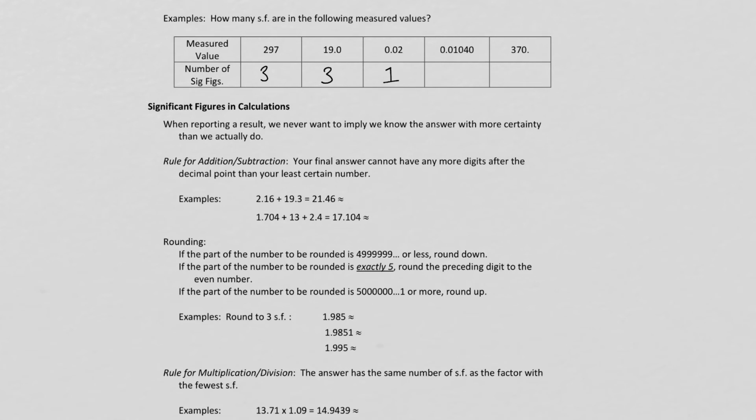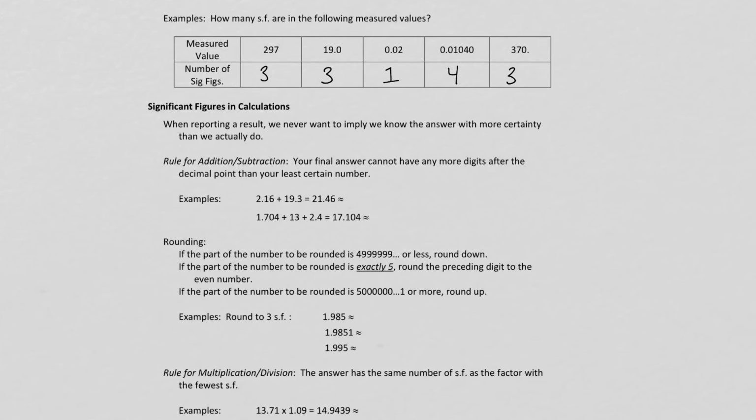In the next number, there are 4 significant figures. The 1 to this 0 right here. And in the last number, since there's a decimal point and the 0 is following the other non-zero digits, there are 3 significant figures. It is not ambiguous.